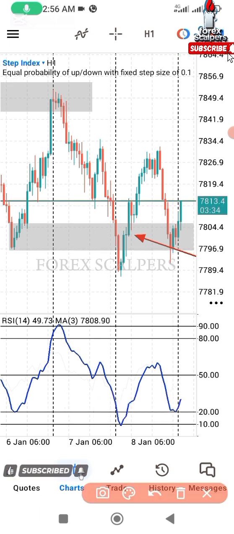Price breaks through the support, which is more or less like taking liquidity. It returns inside, and we test it. So when you get this bearish rejection, that should be your buy entry, and then here would have been your take profit.